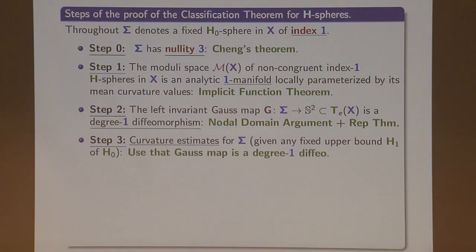And once you have step 2, you immediately get curvature estimates. Because when you rescale points of big curvature, you get curvature estimates as long as the mean curvature is bounded from above, all right? Certainly, there are no curvature estimates on little teeny round spheres, but think of bounding the mean curvature from above, you have curvature estimates.